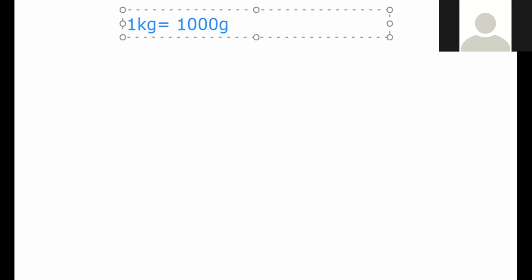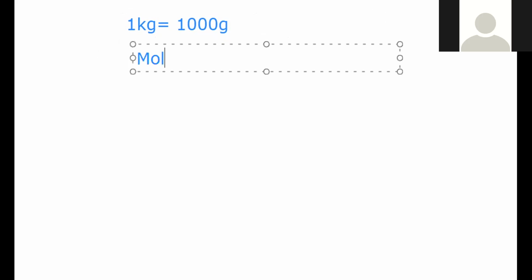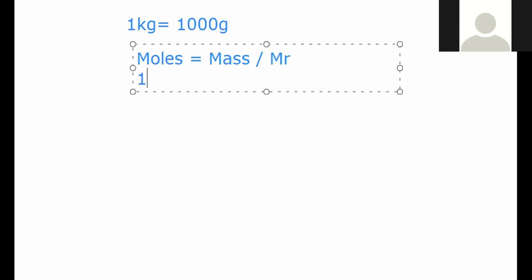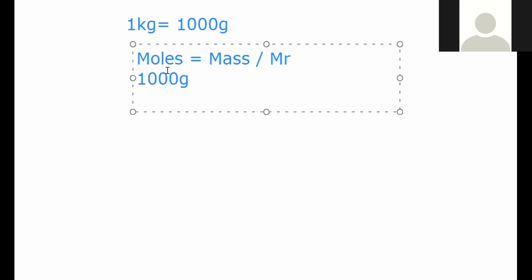The easy way: moles equals mass divided by the molar mass. So we have 1,000 grams as our mass.